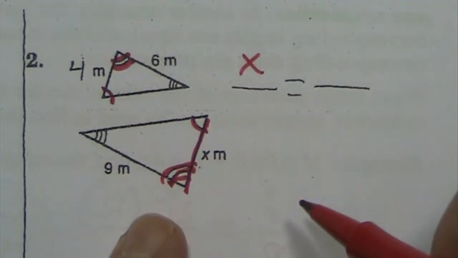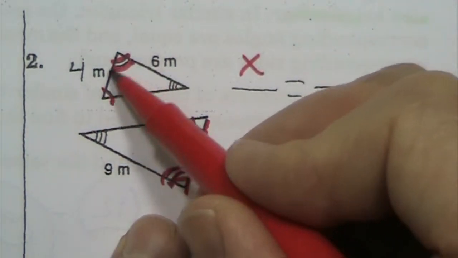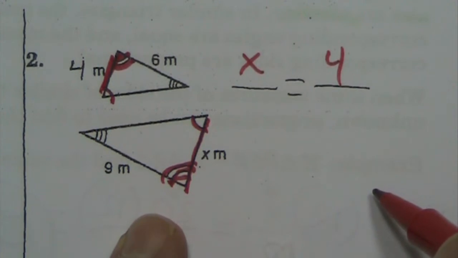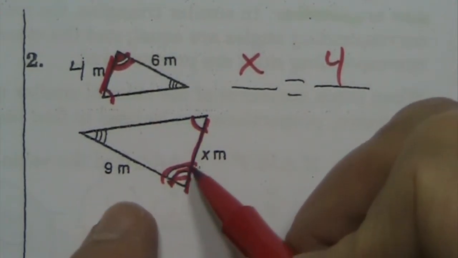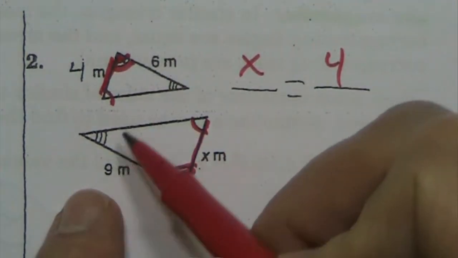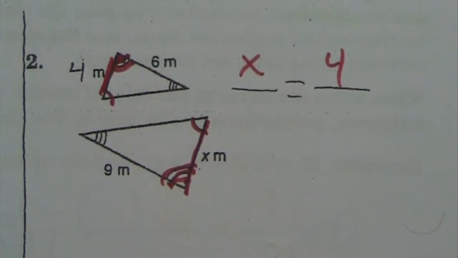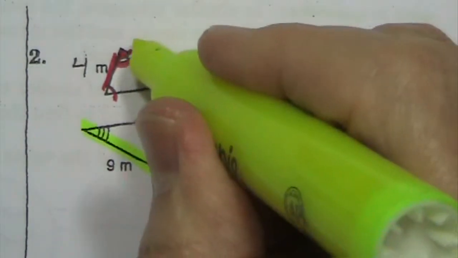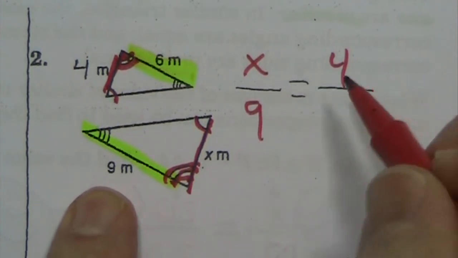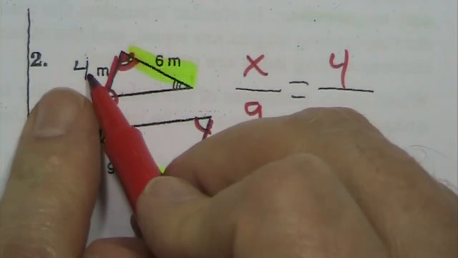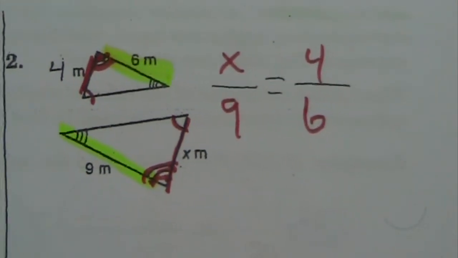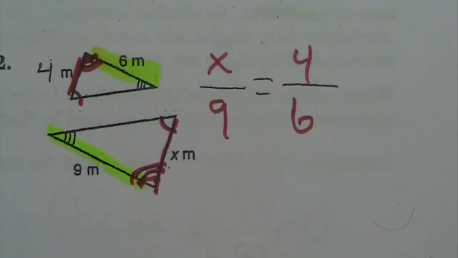So the x will match up with this 4. And then of course, see it goes from 2 arcs to 3 arcs, 9, 6. Okay, so anyways, these two sides match. So I have x over 9 is equal to 4 over 6. And then I'll let you solve that.